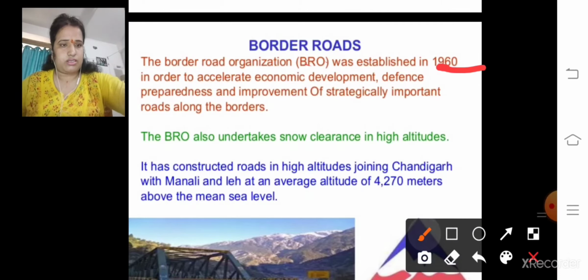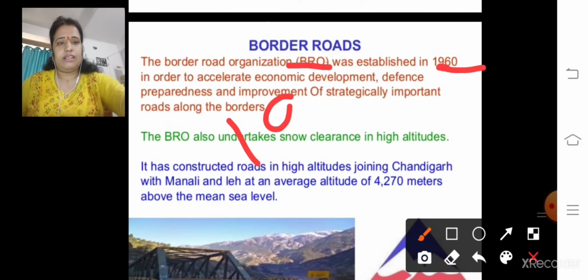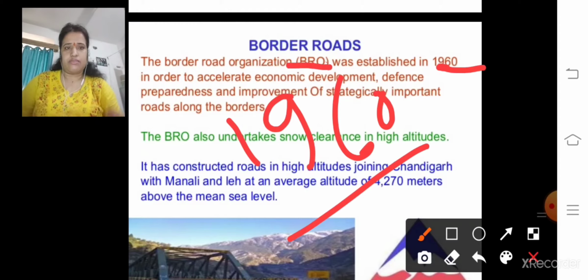In a 1 mark question or multiple choice question, they ask what is the full form of BRO or when it was established. So you have to remember 1960 was the year when it was established, and BRO full form is Border Road Organization. Okay.